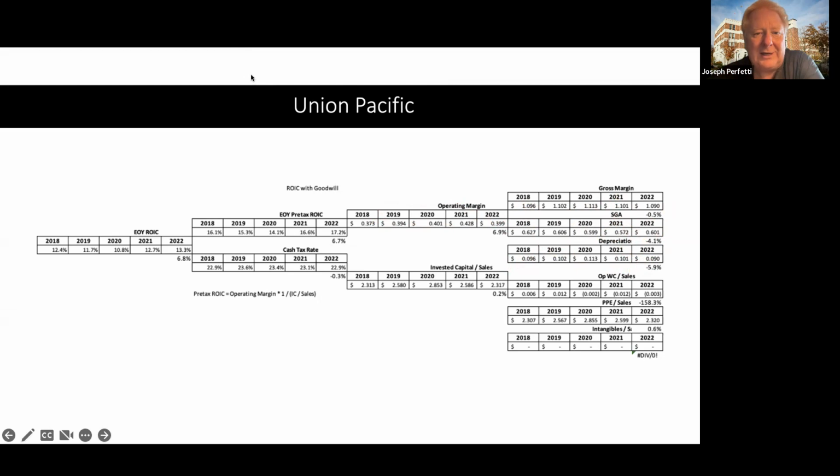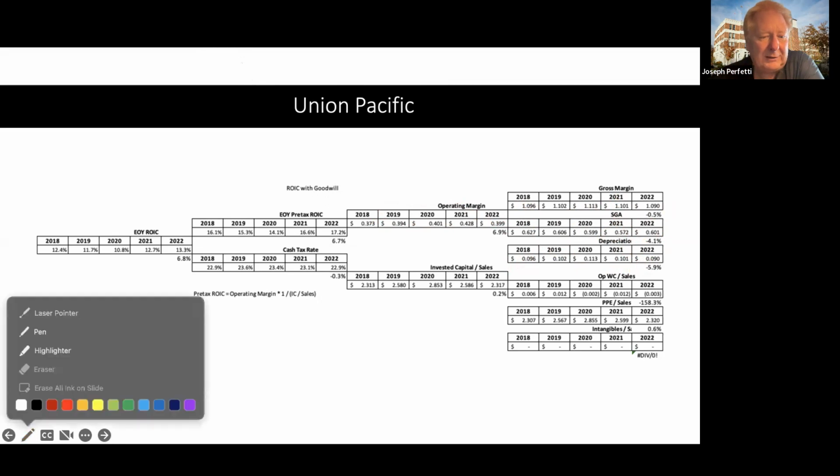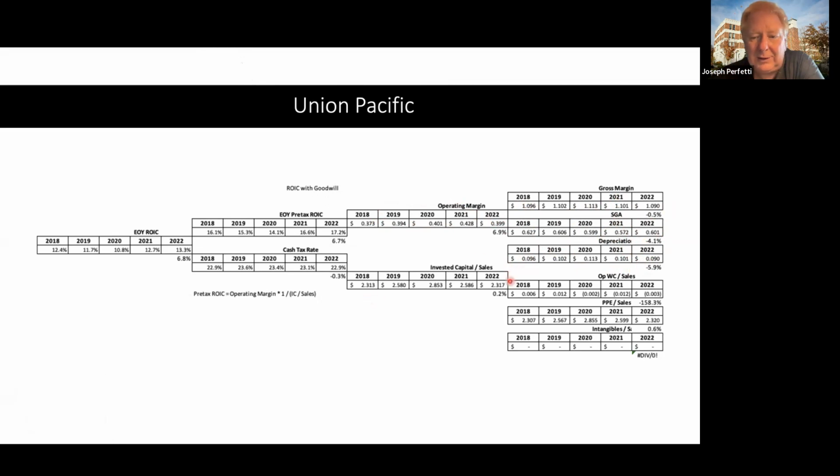All right. So now looking at the drivers of productivity for Union Pacific, 2.31 to 2.32. Okay. Did anything really change, even though invested capital to sales stayed flat? Remember, it peaked at 2.85 in 2020 before recovering.